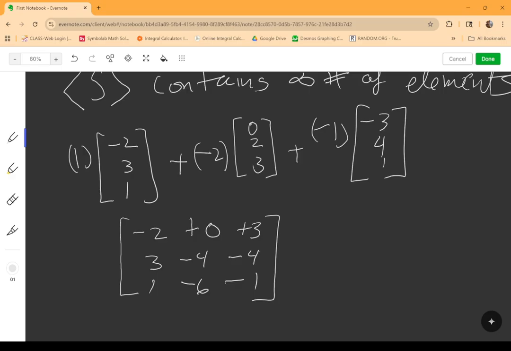Combining these, we have 1, negative 5, negative 6.